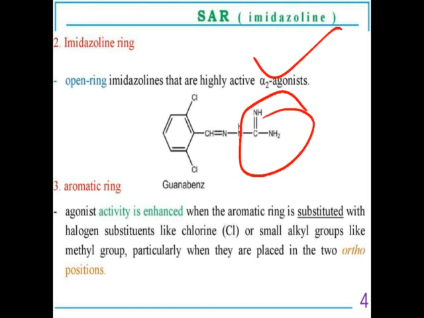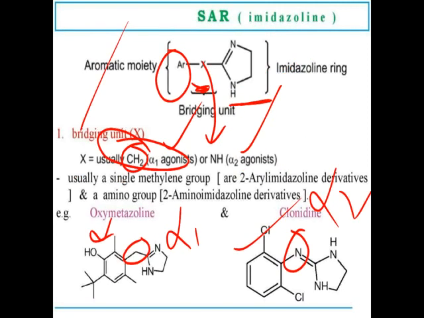So they will enhance the agonist activity of a drug. So this is the small part about the SAR of the adrenergic agents which have the imidazole in it. Only what you have to understand is, if it is CH2, it becomes an alpha 1 agonist. If it is NH or amine, the drug becomes more of an alpha 2 agonist.